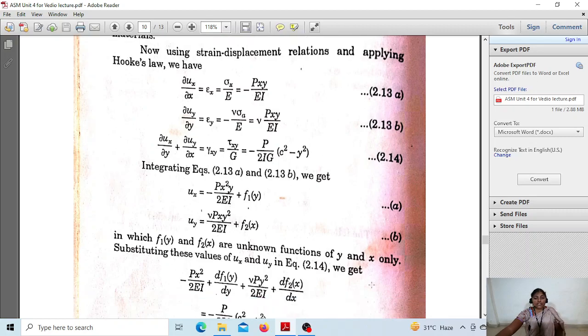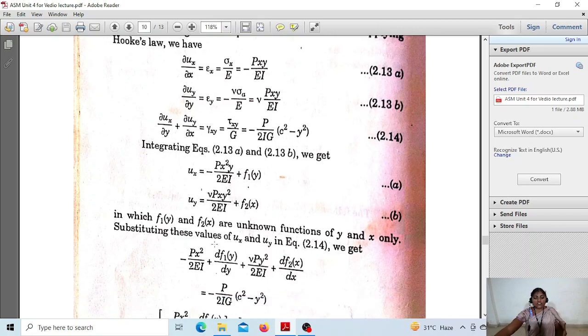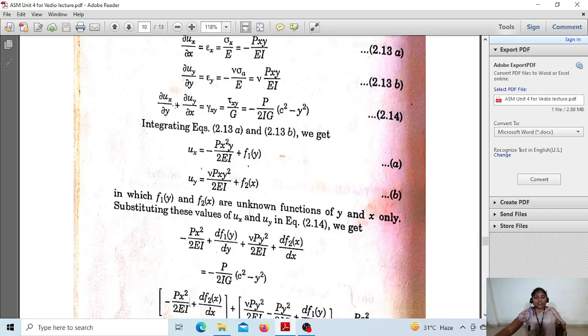Now substituting the values of ux and uy in the shear strain equation, we get minus p x square by 2EI plus df1 of y by dy, plus nu p y square by 2EI plus df2 of x by dx.